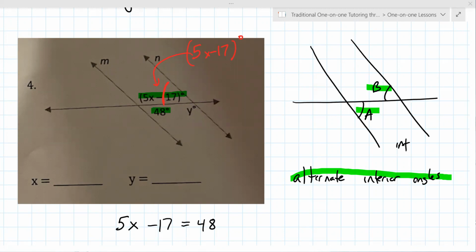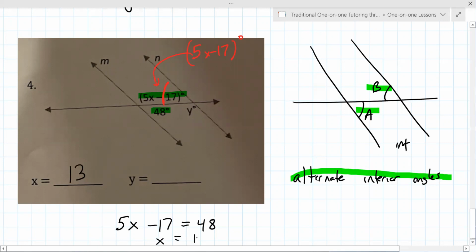X is 13. Very good. That's right. Now moving on to y.